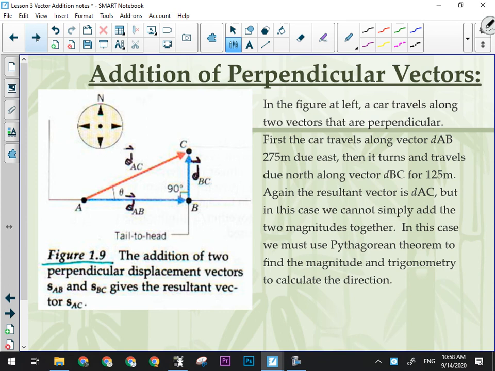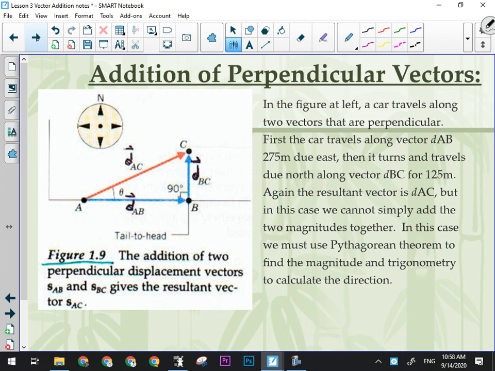All right, now we get perpendicular. So, with our perpendicular vectors here, now the car goes east and then it goes north. It makes a right angle triangle, so we're still good to use trig.